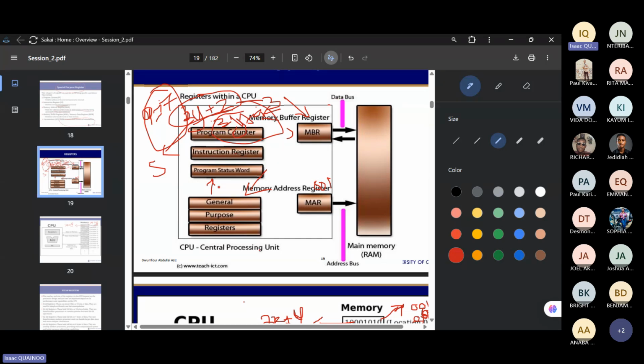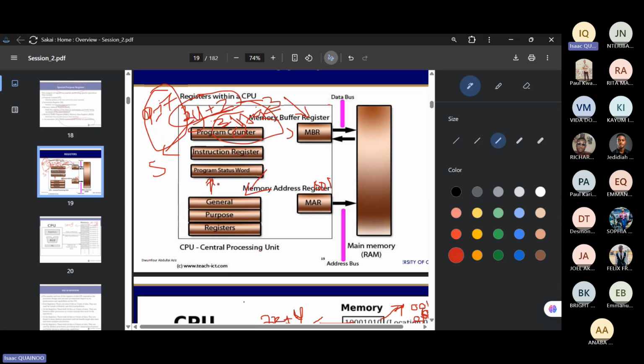So after the CPU has executed an instruction, as the name suggests, the status of the program that has been executed is assigned to the program status word. And then the program status word uses flags to indicate the status of the program that has been performed.